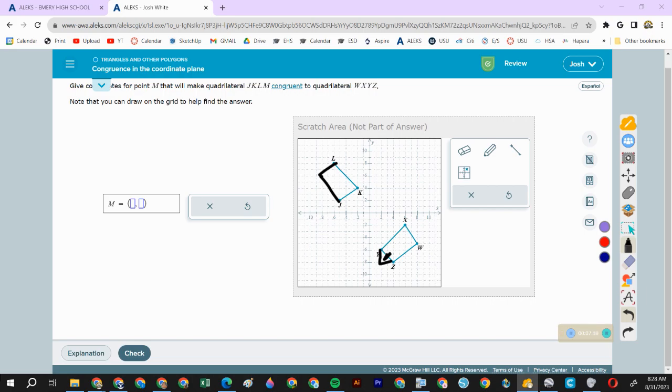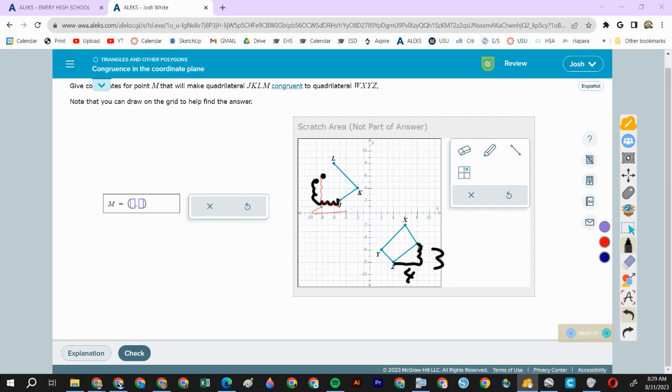Okay, what if we did the other side? You have to be a little bit careful here. So 1, 2, 3, 4, 1, 2, 3. So 4 and 3. Do I go over 4 and up 3? Or do I do over 3 and up 4? Well, you have to make sure that the other side matches.